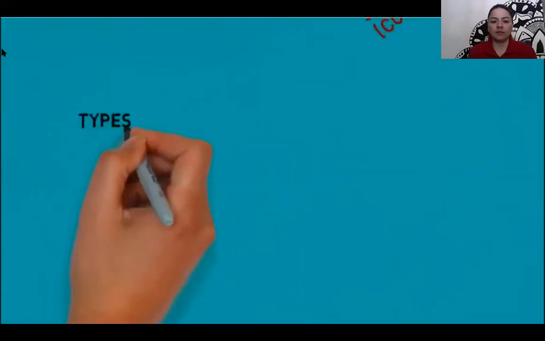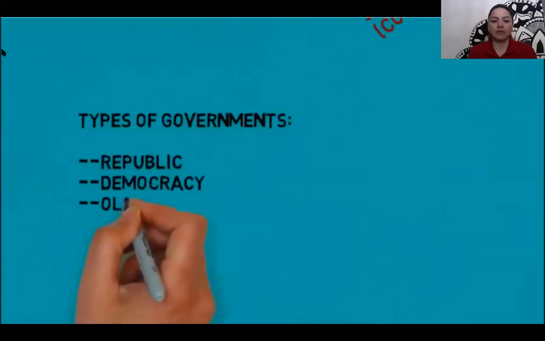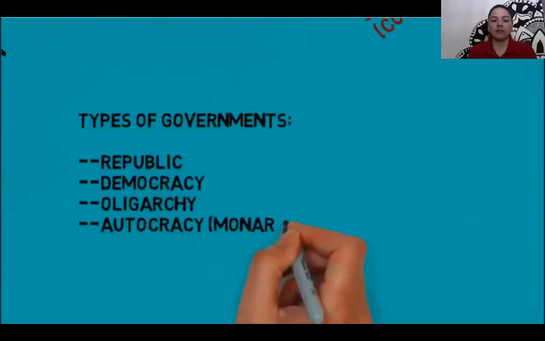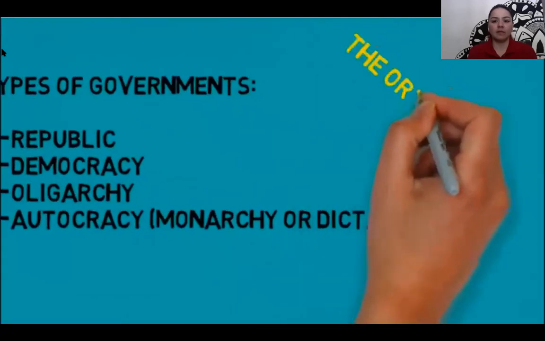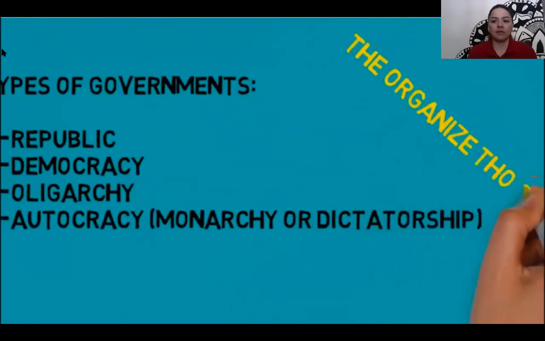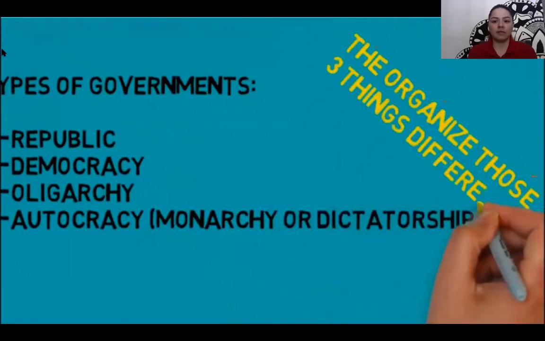The types of government that we're going to look at are a republic, a democracy, an oligarchy, an autocracy, and a monarchy or a dictatorship. And they're all the same thing. They just organize those things differently. So we're going to look at how they organize them differently.